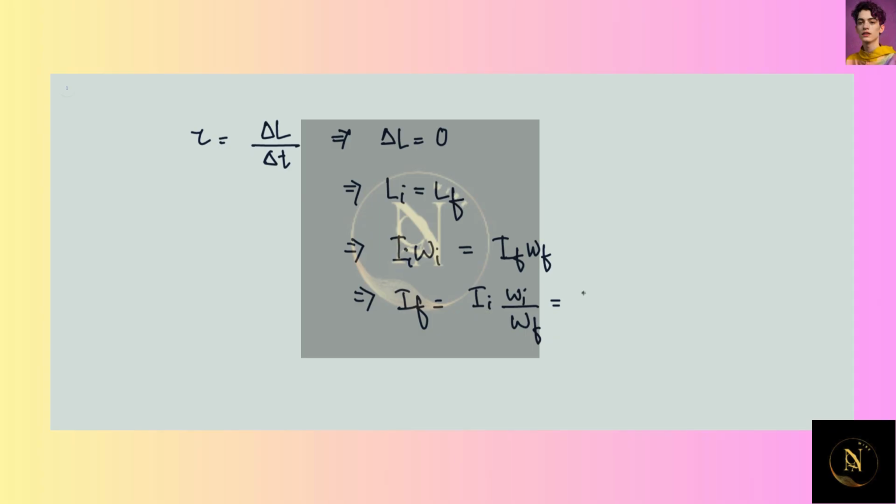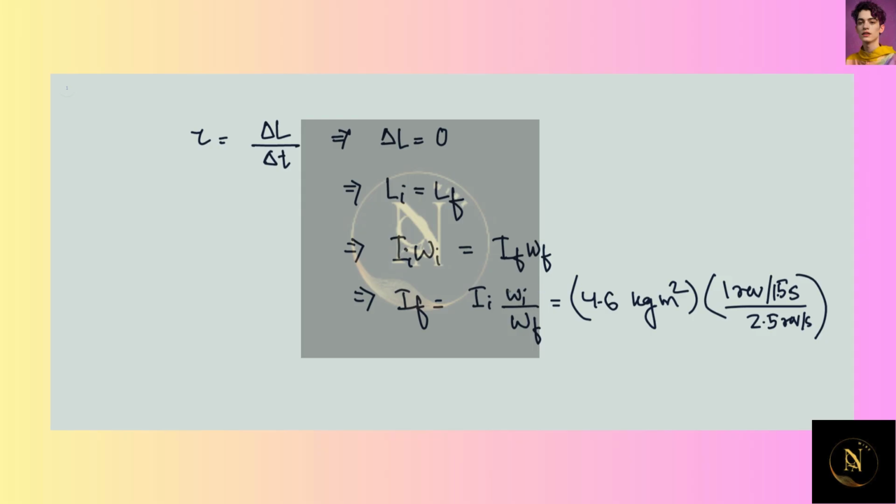So initial moment of inertia is 4.6 kg meter square. Omega i is one revolution in 1.5 seconds, and final angular velocity is 2.5 revolutions per second.